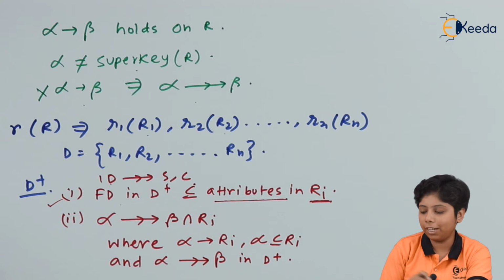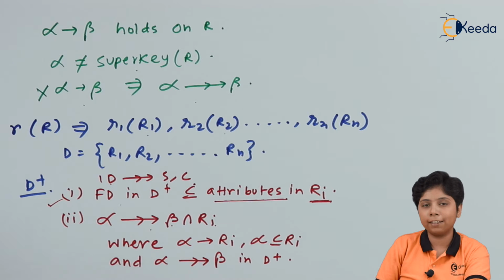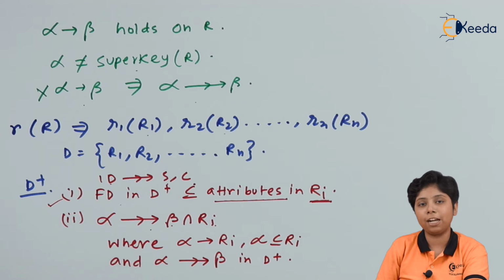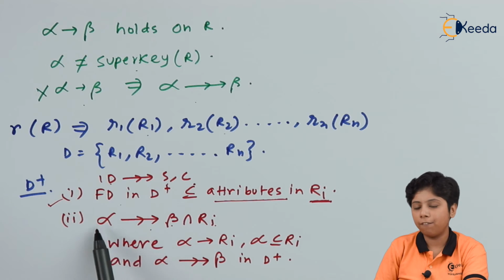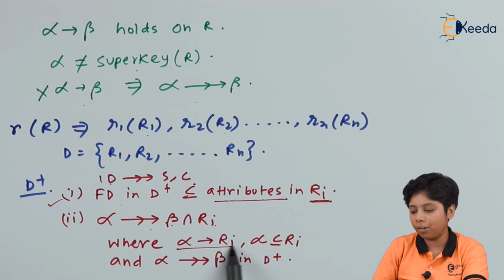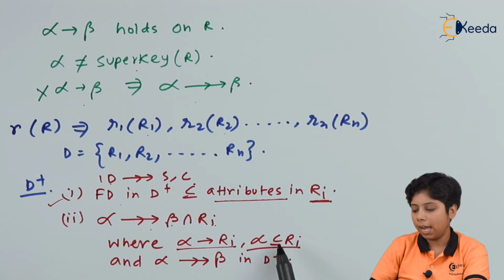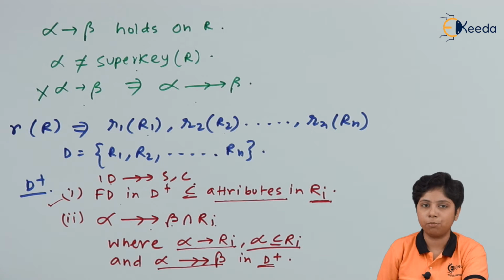Now the second one is if there is any multivalued dependency, that is beta intersection Ri. So if there is any other value other than the beta in Ri that is dependent on the multivalued dependency for R, that is alpha, we can say that alpha defines the Ri, alpha is a part of the Ri, and also alpha defines beta is in the closure of this attribute set.